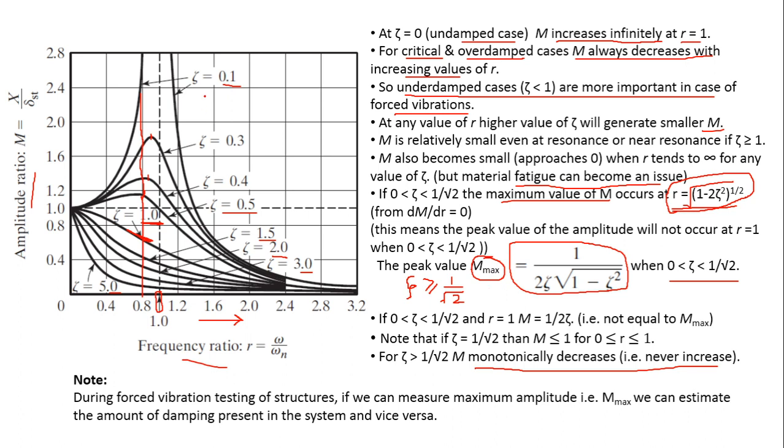Whether you use zeta of 0.1, 0.3, 0.2, any value of zeta, as long as it is underdamped, these underdamped situations will be more prone to achieving the maximum peak value during forced vibration.